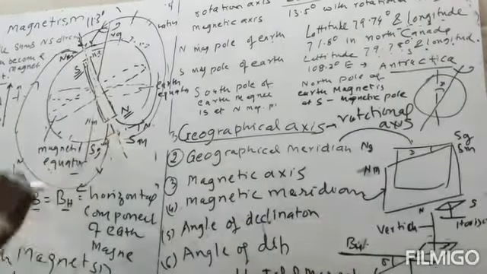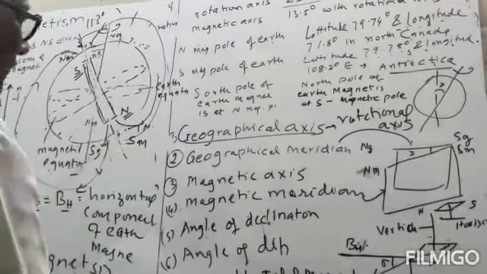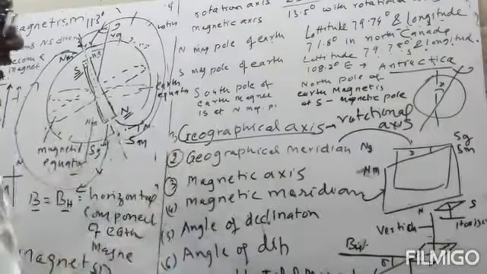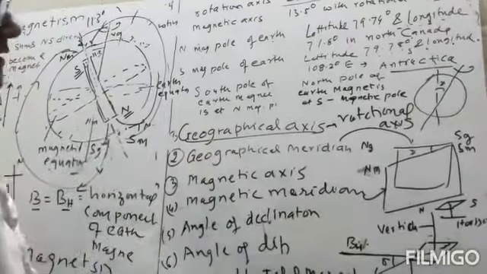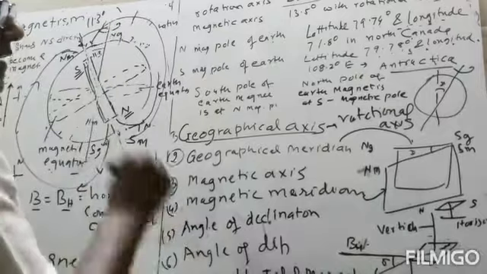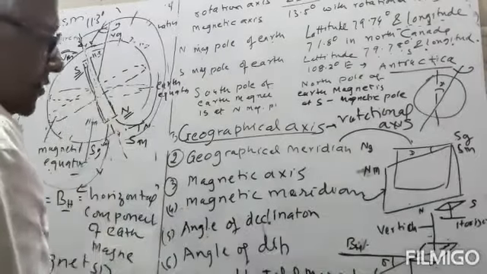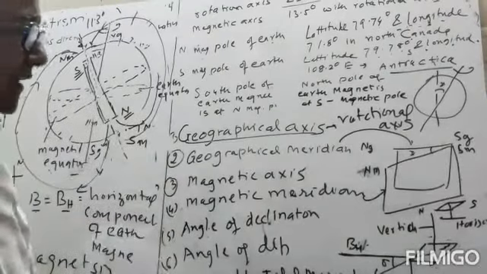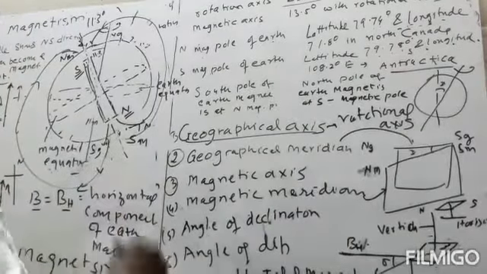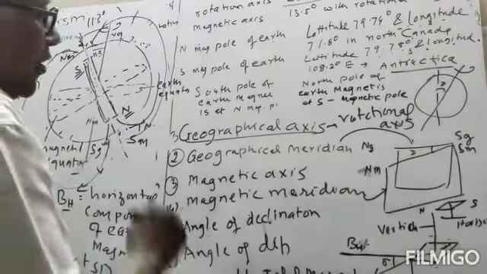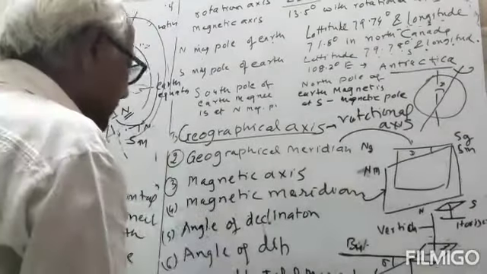So we have 6 definitions. One is the geographical axis, which is the axis passing through the geographical north and geographical south. The magnetic axis is the axis which is passing through the south pole and north pole of the earth magnet.